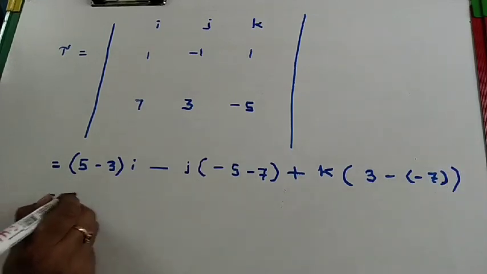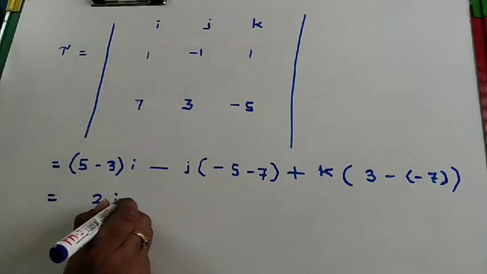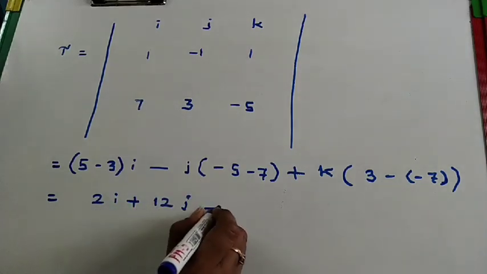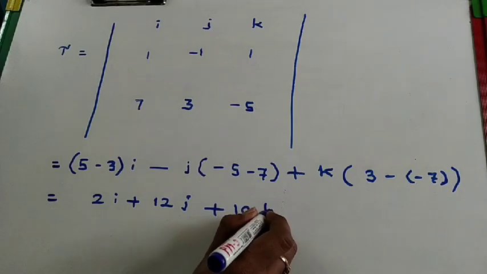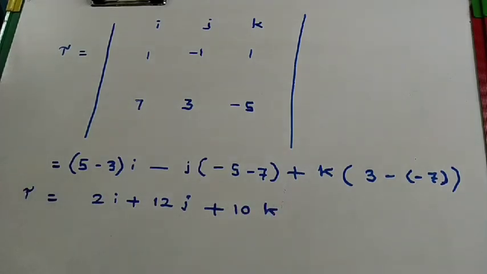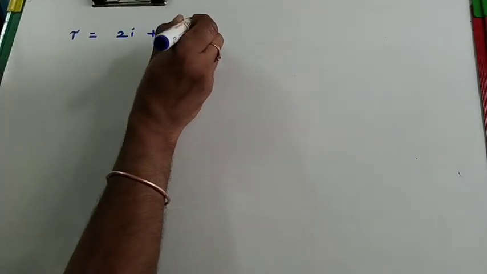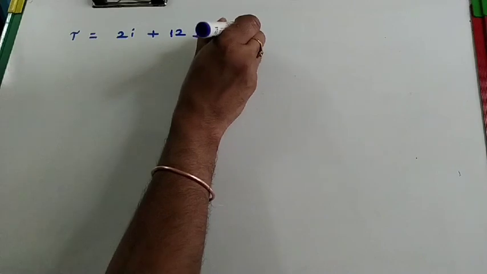That is equal to 2i plus 12j plus 10k. This is torque. Therefore, the torque tau is equal to 2i plus 12j plus 10k.